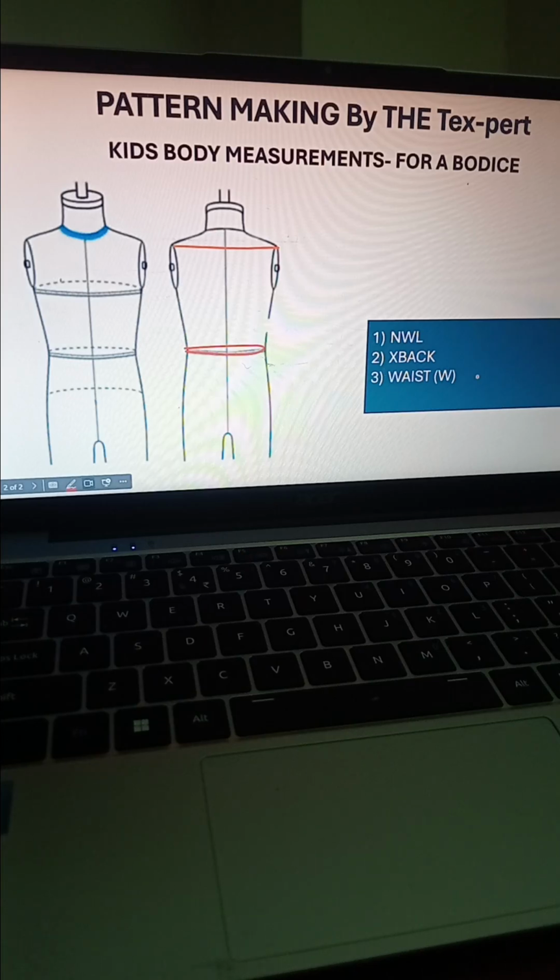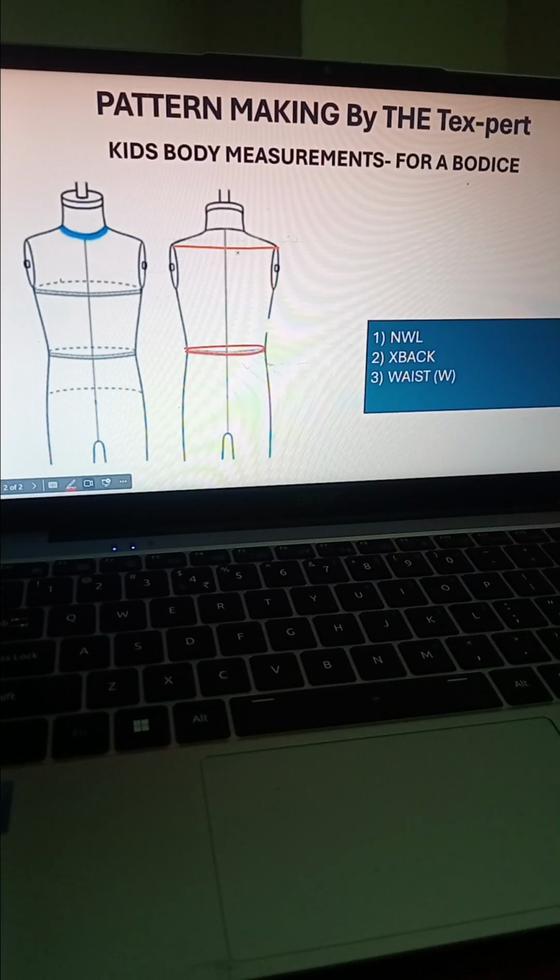Then I will show you how we can use them on the cloth directly or on drafting paper to produce our pattern, the back piece pattern and the front piece pattern. For now, just know how to take these measurements. Only these are required for kids wear.